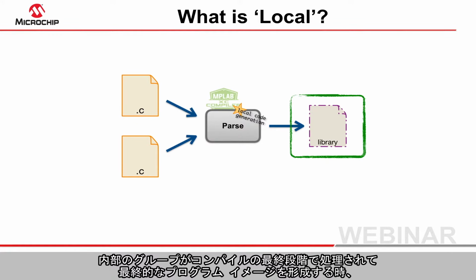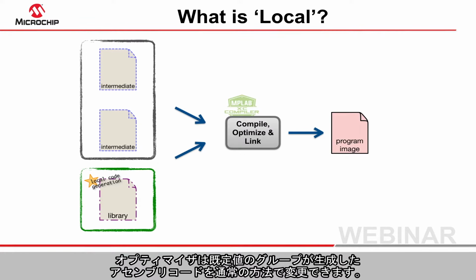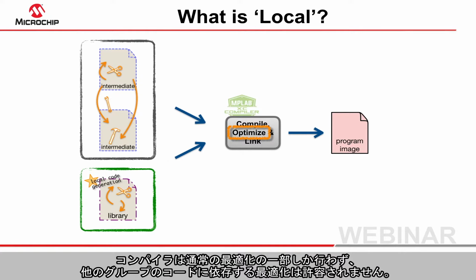When the internal groups are processed by the last stages of compilation to form the final program image, the optimizers can alter the assembly code produced by the default group in the usual way. Code in a library built with local code generation is also optimized, but the compiler will only use a subset of the usual optimizations, and any optimization that is dependent on code in another group is not permitted.